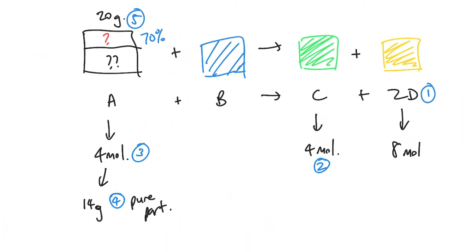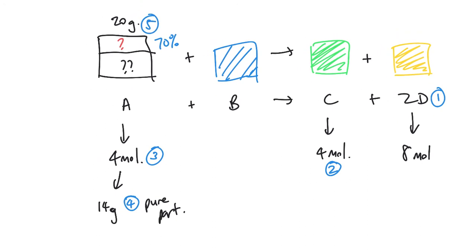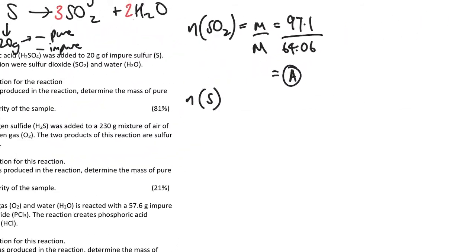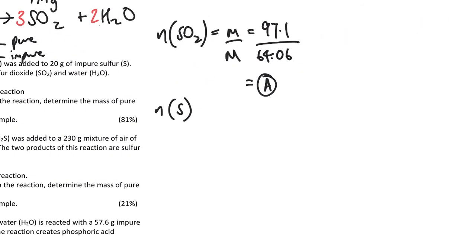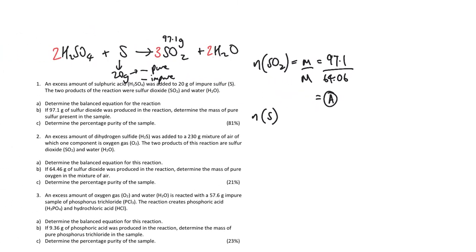Okay, so from back over here, I've got the mass of something, and now I've got the moles of it. So now I've got to go to here. That's where I'm at. Step 3. The number of moles of sulfur will be equal to the number of moles of sulfur dioxide times what fraction?